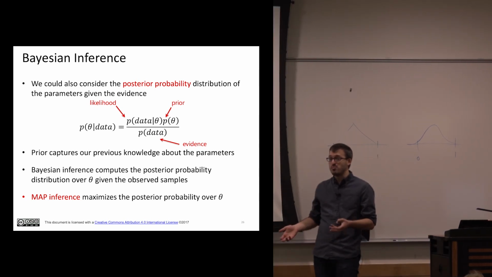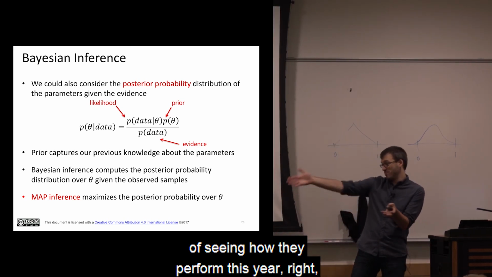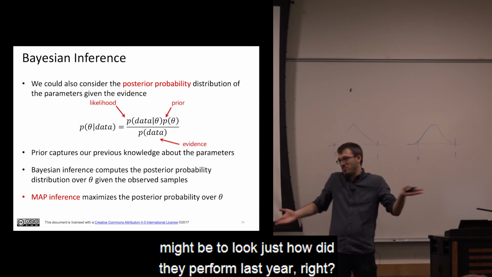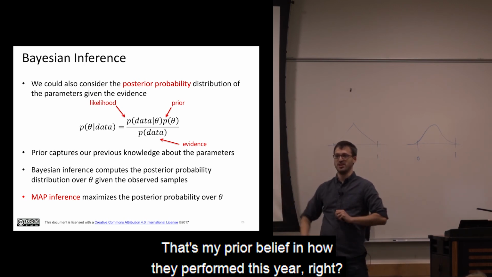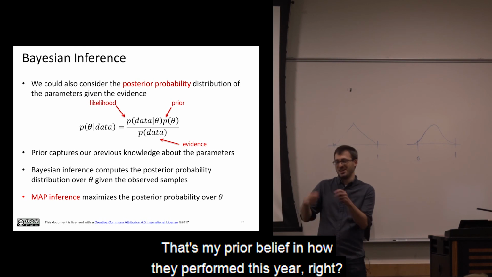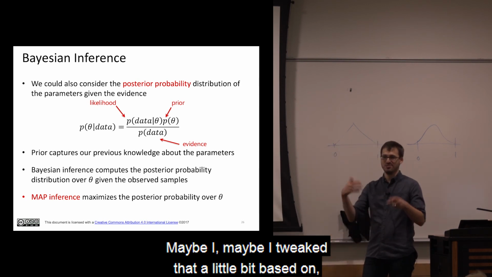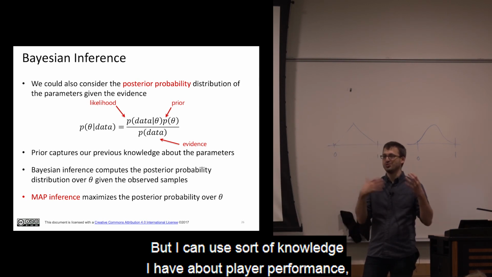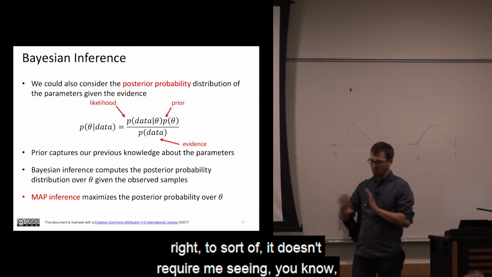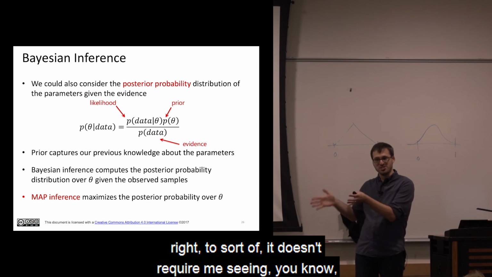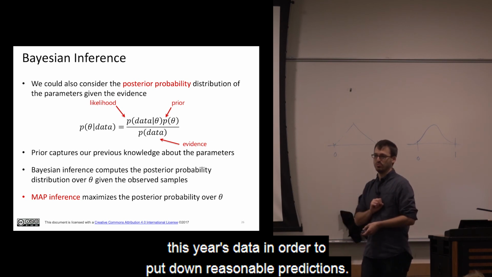A reasonable prior, in the absence of seeing how they've performed this year, might be to look at just how did they perform last year. That's my prior belief in how they performed this year. Maybe I tweak that a little bit based on age and whatever. But I can use knowledge I have about player performance that doesn't require me seeing this year's data in order to put down reasonable predictions.